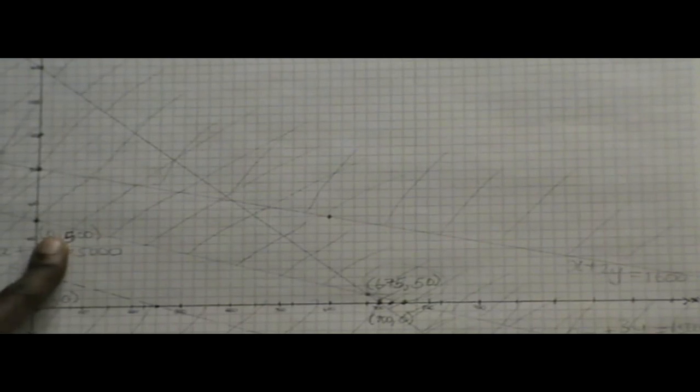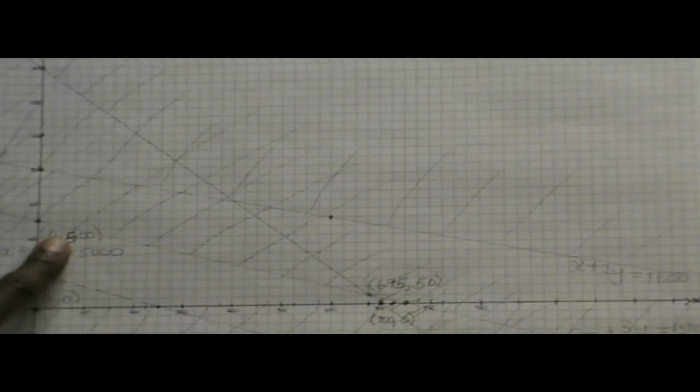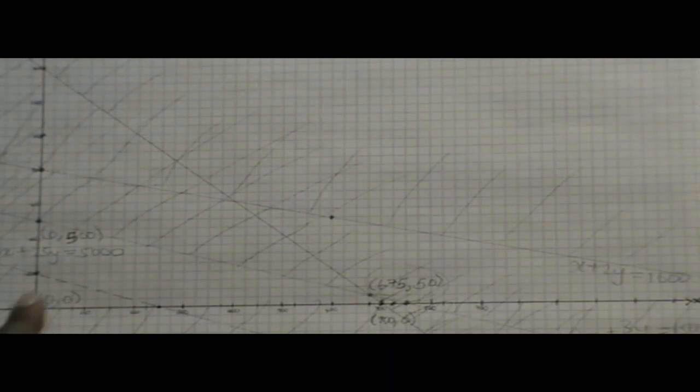If I make no shirts and no skirts, obviously I will make no profit. And here 700, 0, and 675, 50. So we can do this over here.